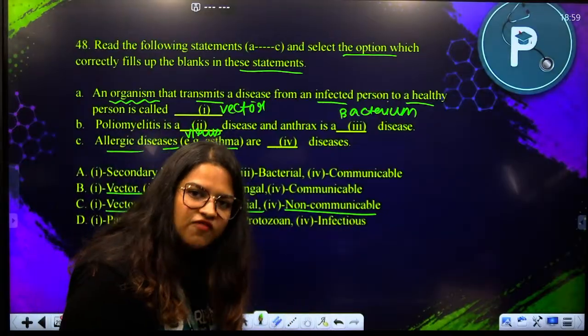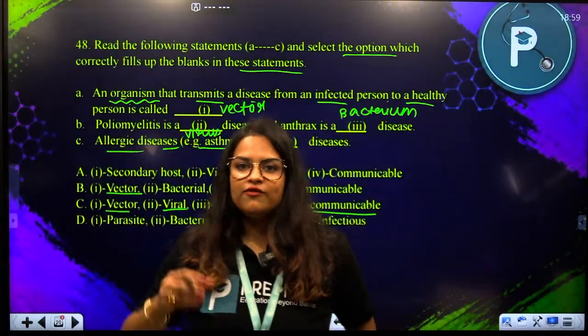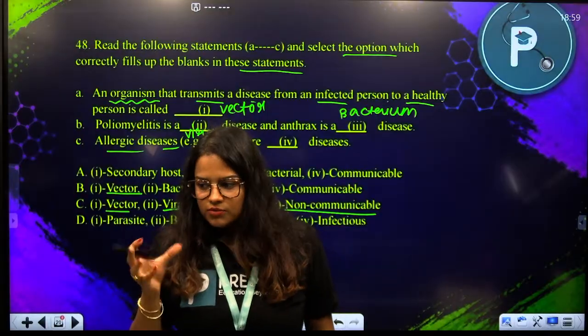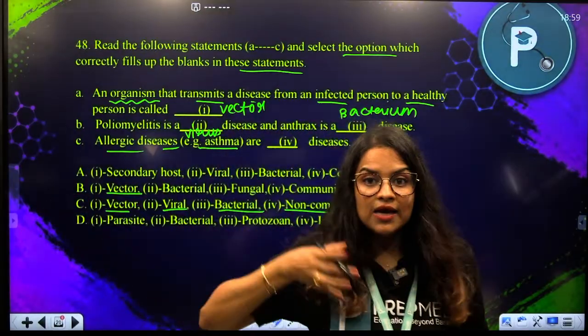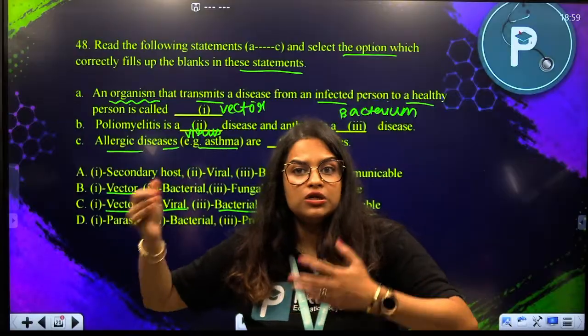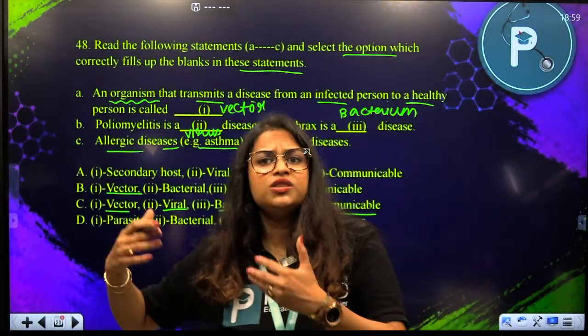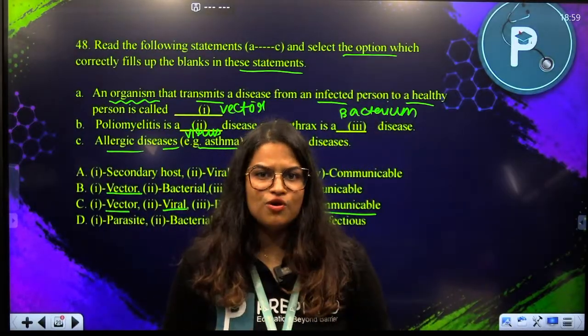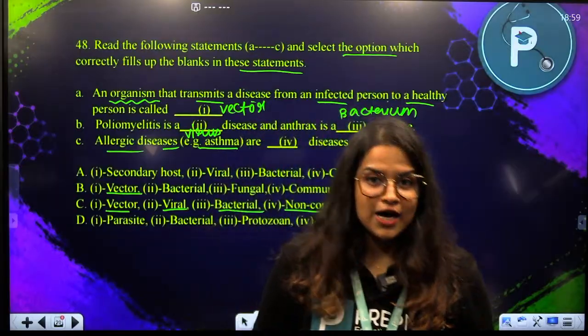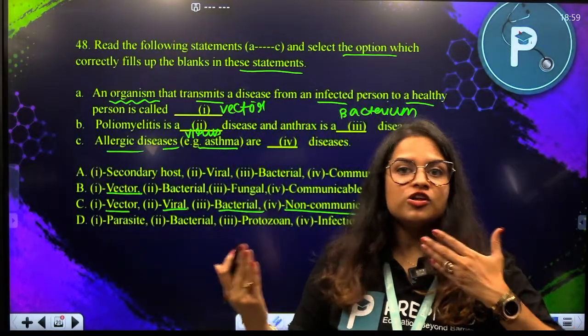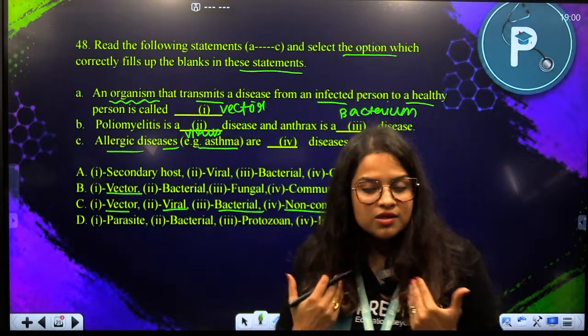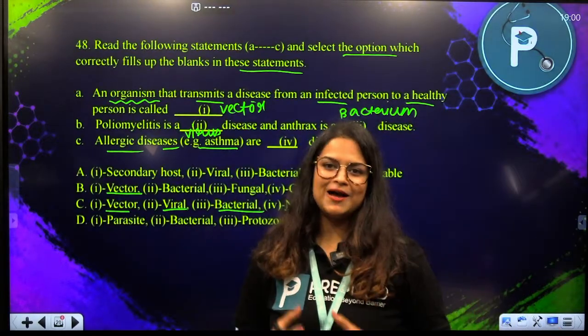Yes, if you have asthma and I drink from the same glass, or use your towel, or sit with you and you sneezed, I will not contract asthma from you because it's an allergic reaction. It is an exaggerated response of our immune system against harmless antigens.